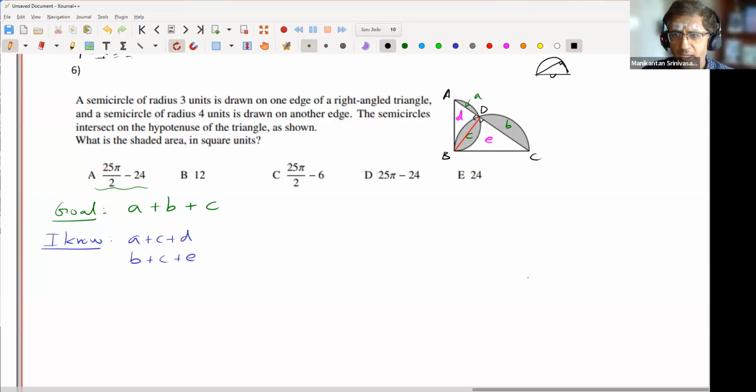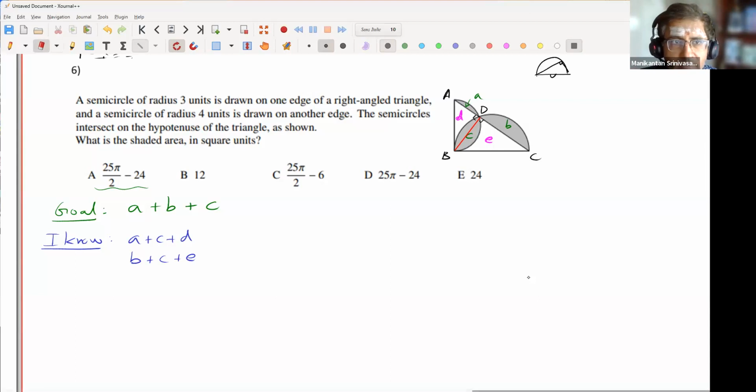Okay. And then you also know the area of the triangle ABD. So maybe I can split this as C1 and C2. Sorry, maybe I'm making it more complicated than it needs to be.